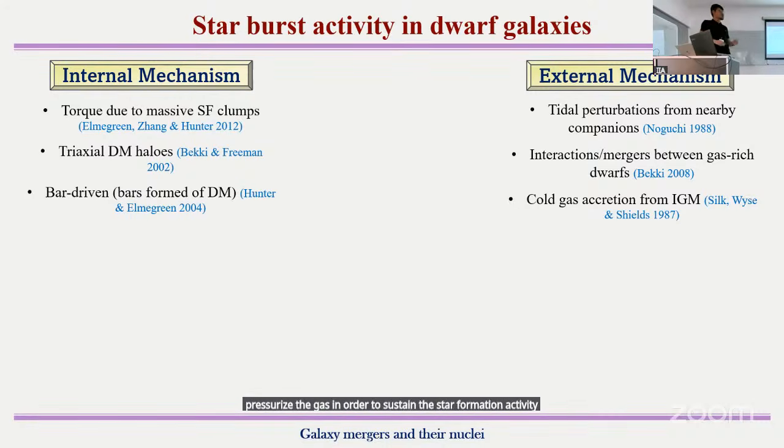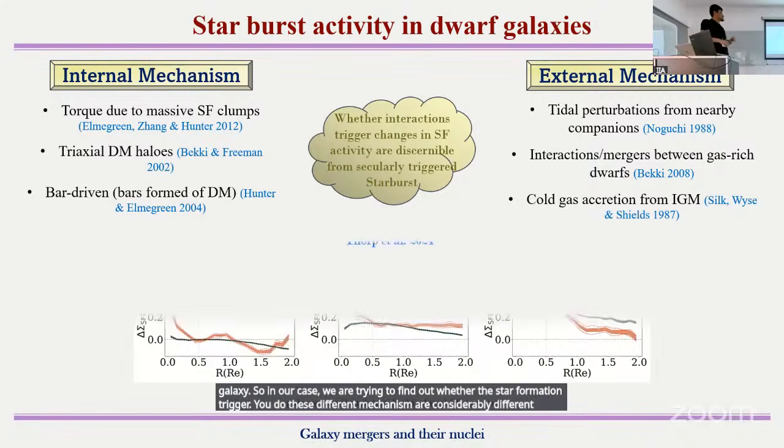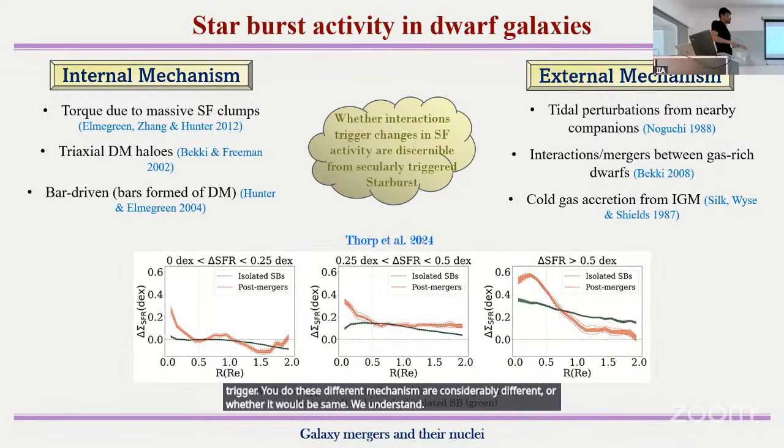in order to sustain the star formation activity in these dwarf galaxies. So in our case, we are trying to find out whether the star formation triggered by these different mechanisms is considerably different, or whether it would be the same. We can't discern that in the case of dwarf galaxies.